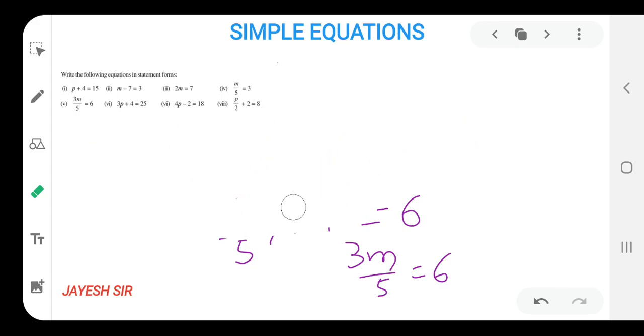3p plus 4. So friends, I will suggest that if you are capable of solving on your own, pause the video and try to solve it on your own. I am solving it over here for you. What is to begin? 3p. That means 3 times p, or thrice of p, we can write.